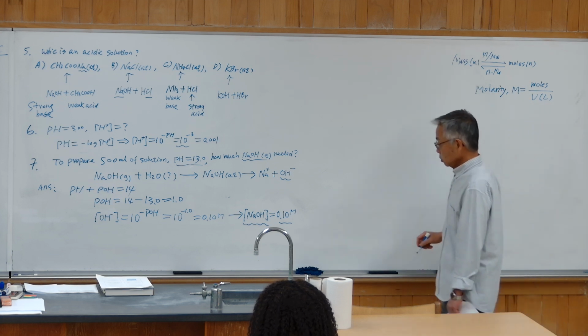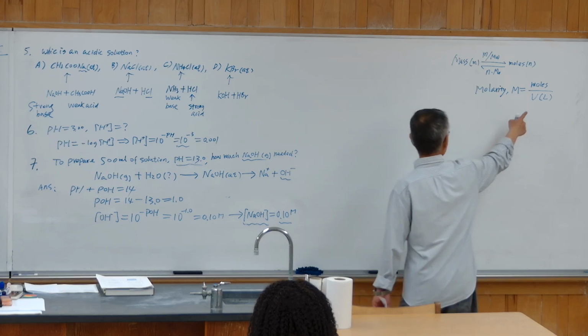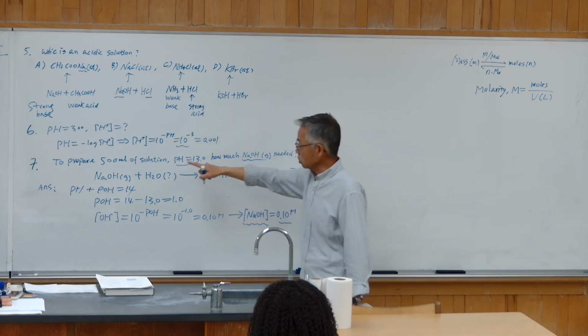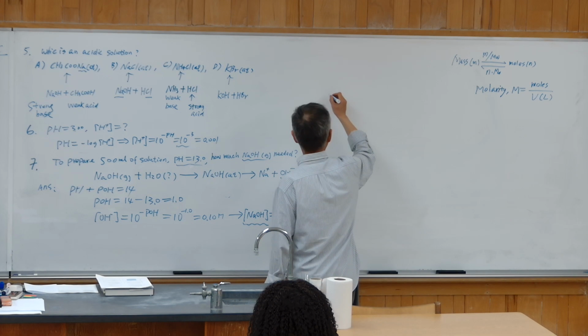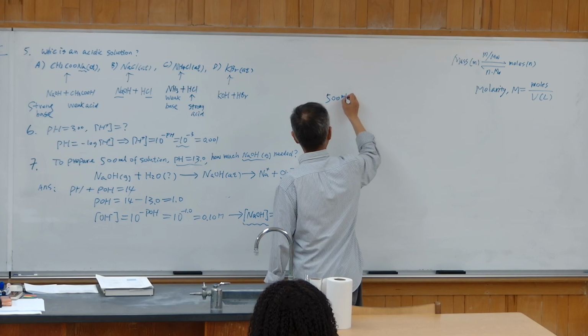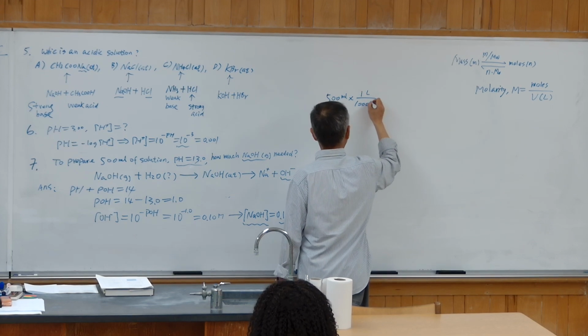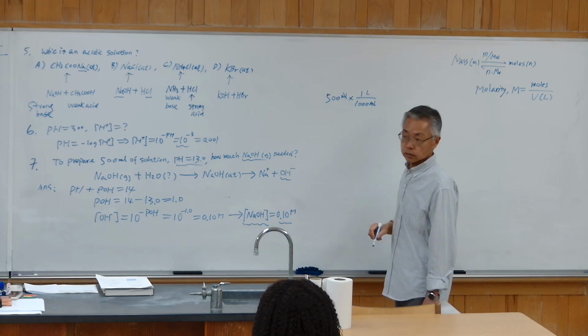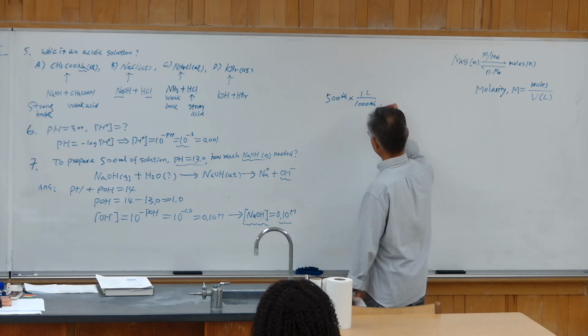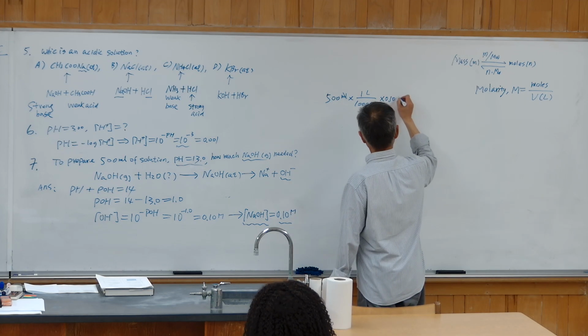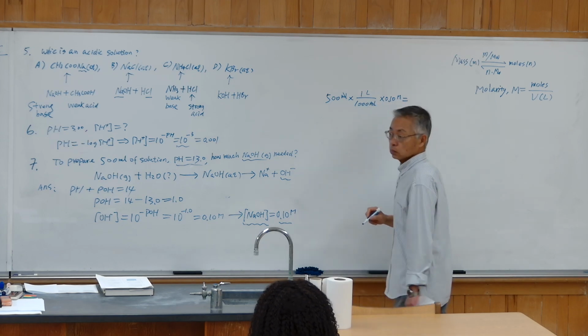But the volume must be in liters, so we need to convert 500 milliliters into liters. So 500 divided by 1,000 becomes liters. Then liters times molarity becomes moles.